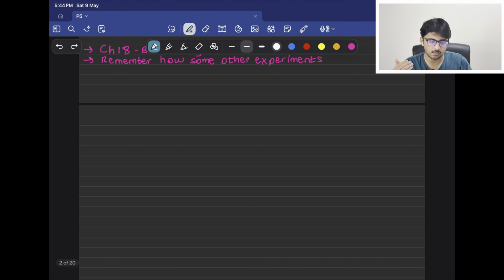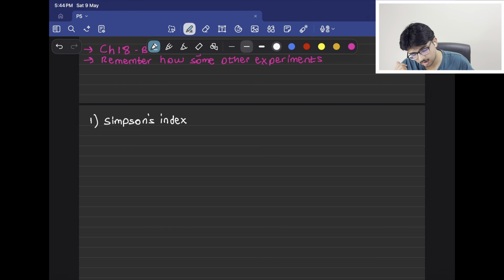So, let's first talk about this biodiversity and classification. I'm going to first list down all of the topics that we're going to cover, and then we'll start looking at each one of these in detail. So, number one, Simpson's Index of Biodiversity. Number two, the chi-squared test. Then, number three, the t-test.